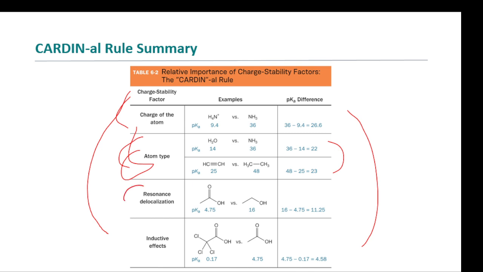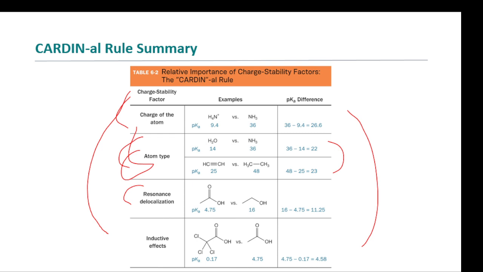The next one is the resonance delocalization. Now we're getting into stuff that has kind of minor effects. Okay? For example, carboxylic acids, none of them are strong acids, are they? They're all delocalized, but you have no strong acids being caused by that. And so it's a relatively moderate effect.